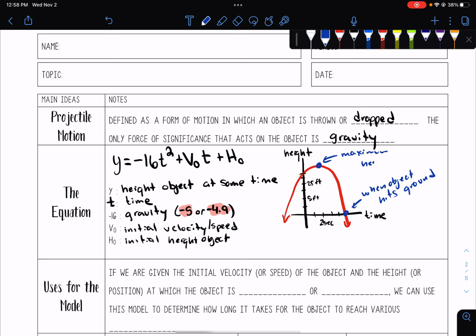That's the highest the object is going to go, and then the object's going to start falling back down to the ground. And I love this graph because that's what it looks like. My graph looks like an object going up in the air and then falling back down to the ground. The graph doesn't always look like what's happening in the real world. This one does, which makes it a lot easier to solve the problems, okay?